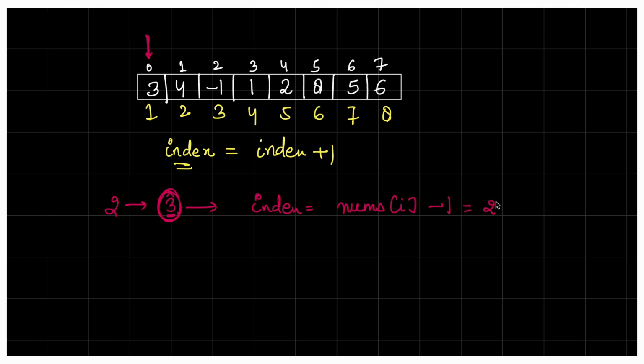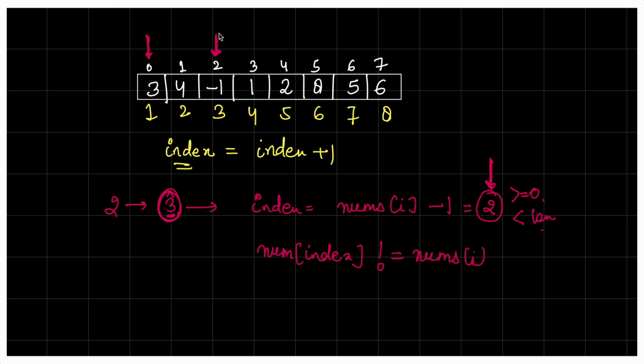So we'll get 2. First of all, this index should be valid. What does it mean to be a valid index? It should be greater than or equal to 0 and less than the length of the array. If it is valid, at the same time we'll check whether the value at this index, nums of index, is not equal to nums of i.